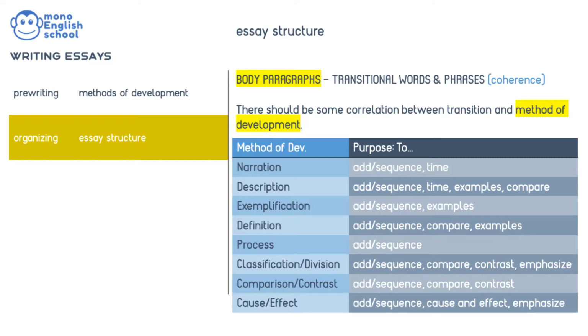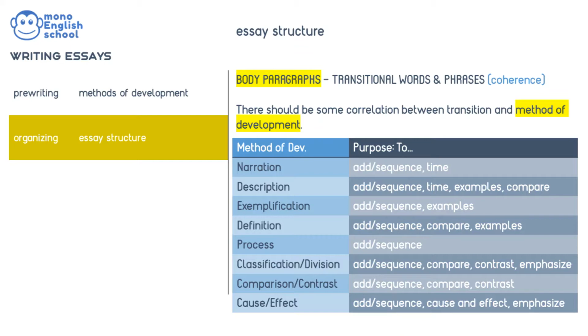If you are using a cause-effect method of development, you will mostly use transitions to add or sequence, to show cause and effect, and to emphasize. This is a guideline, and it does not mean that you will only use those types of transitions. But of course, your method of development should be apparent through your writing, and this is one way to make that so.